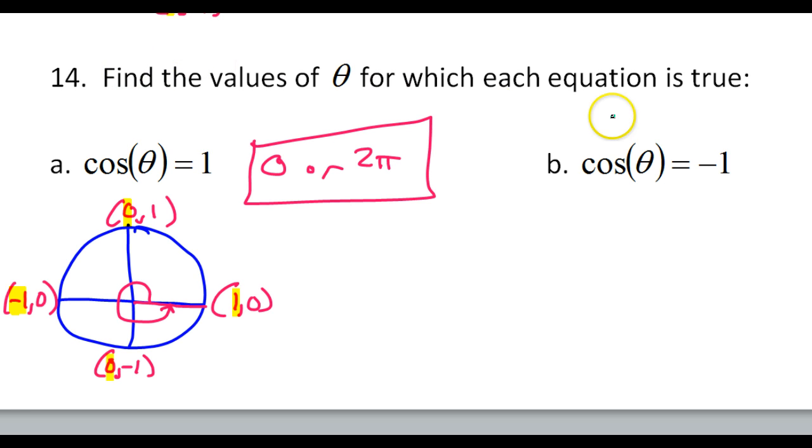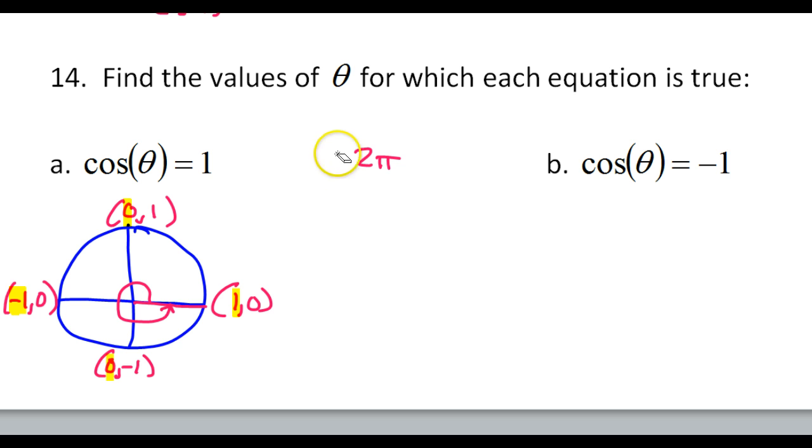Now that I think about it, the directions did not limit and say between 0 and 2 pi or anything like that. They just left it wide open. So assuming that was on purpose, then we need to put some variables on here. We would say 2 pi n, where n is an integer.